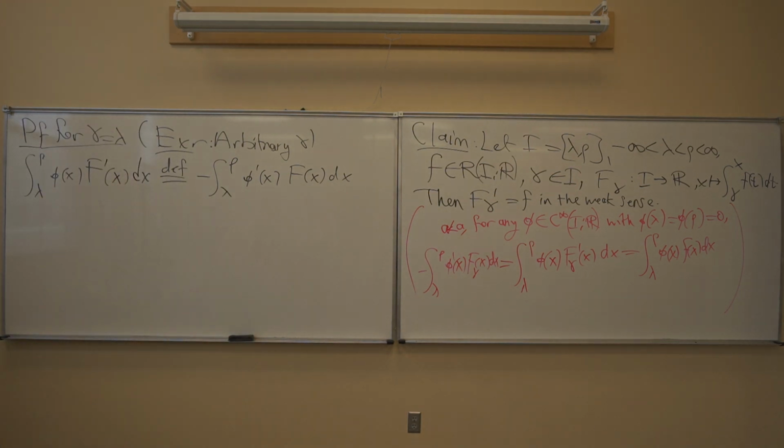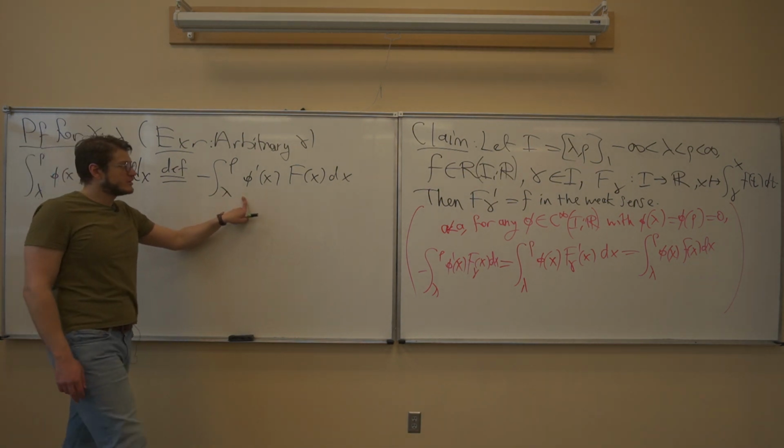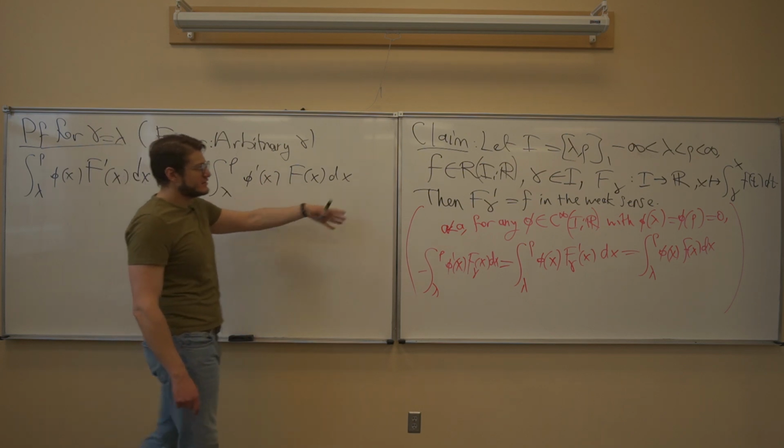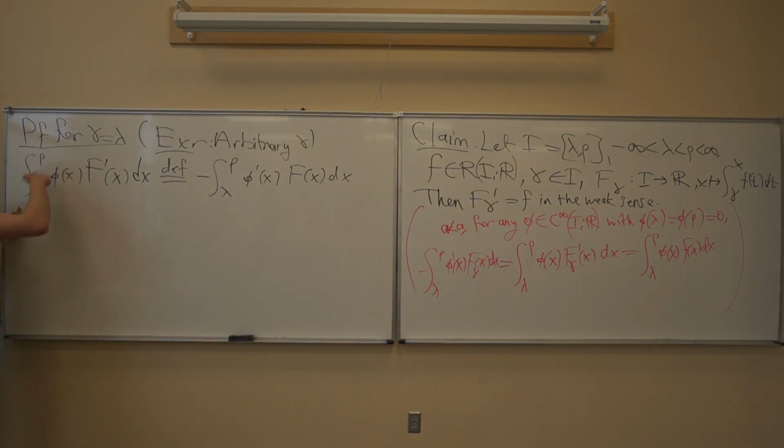What can I do now? Somehow I need to do something. Well, ultimately that's what we did here. But somehow I want to go back to lowercase f, right? So in this expression, ultimately, I want this to be the same thing as integral of phi times lowercase f.